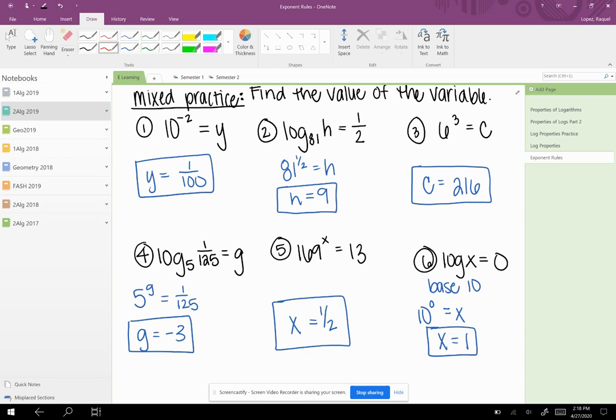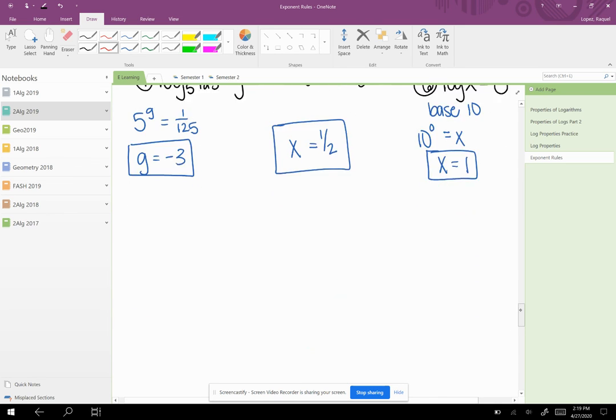For number 4, 5 to the -3rd will get us 125, or you could have just evaluated that log base 5 of 125 is -3. 169 to what power will get us 13? Well, 169 to the power of 1/2 will get us 13. And then for number 6, there is no base written, so that means it's got a base of 10. So 10 to the 0 power equals x, and we already know that anything to the 0 power is always going to be 1. Okay, so that's a good check for yourself.